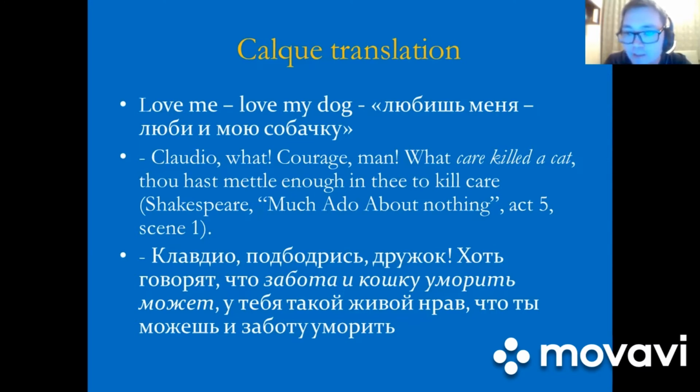In what cases is it possible to use calque translation? It is possible only in cases when the logic of the original phraseological unit is obvious for a receptor of the target language. Only in this case we can translate it literally.